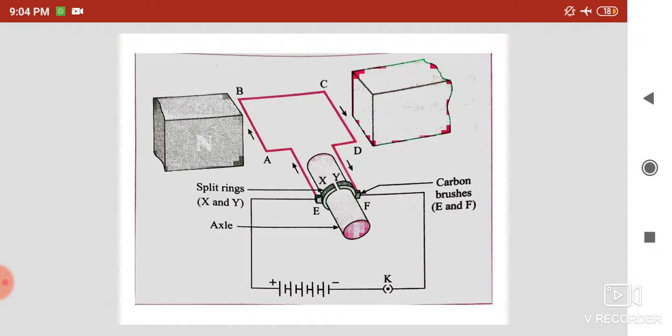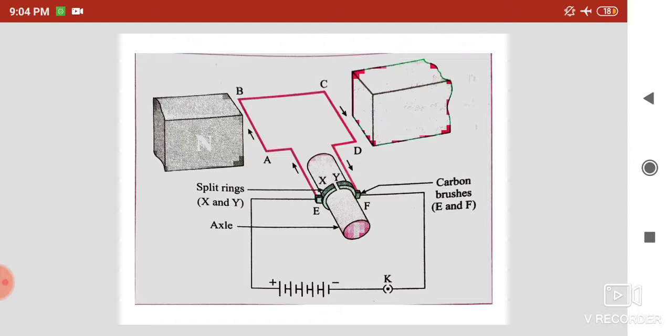After half rotation, X and Y come in contact with brushes F and E respectively, and the current flows in the direction E, D, C, B, A, F. Hence the force on CD is downward and the force on AB is upward.